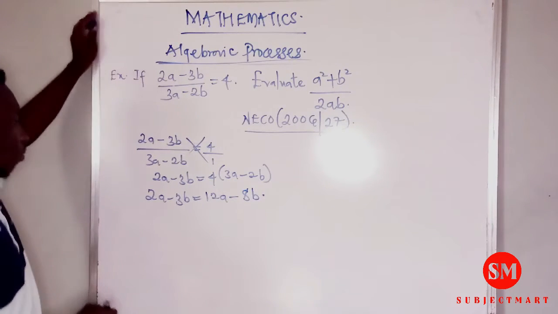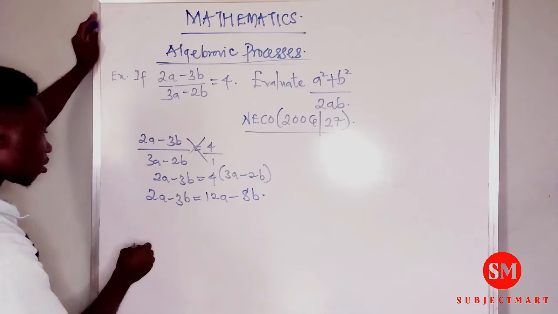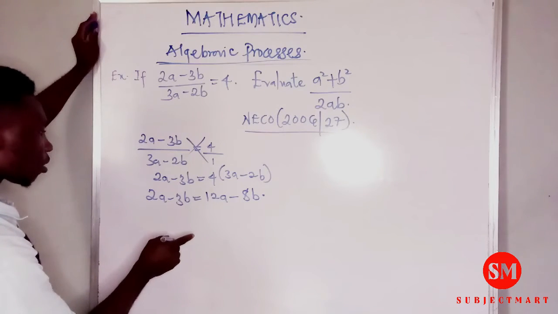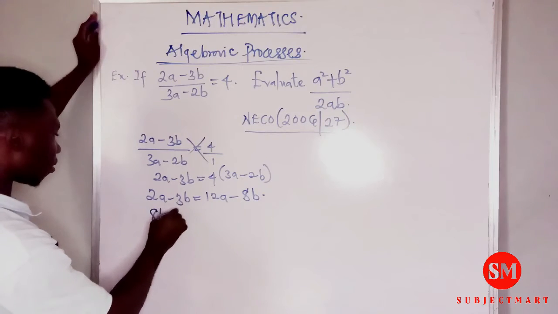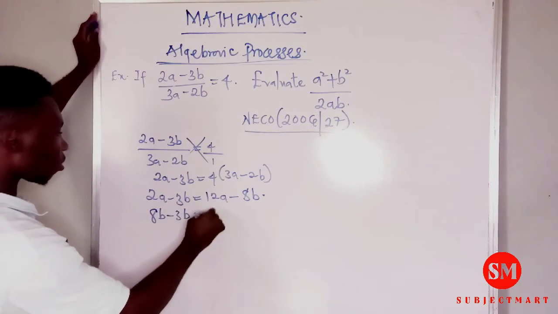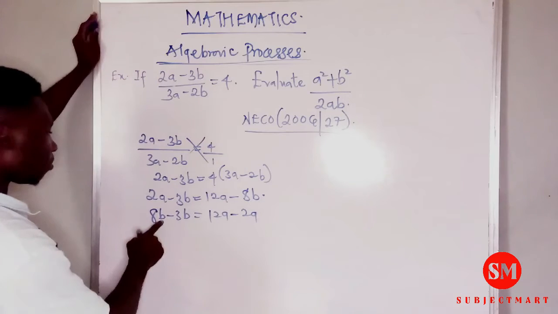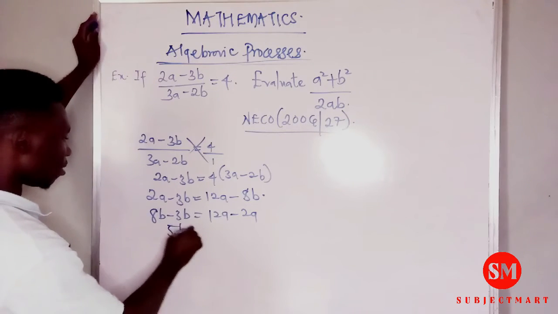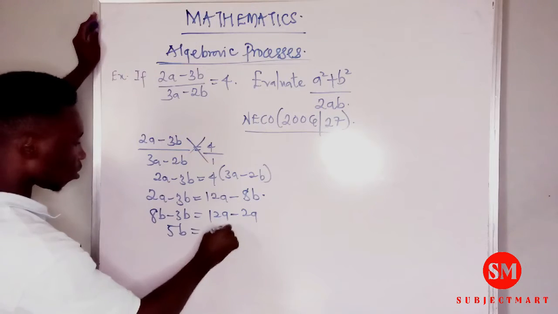So at this junction, bring all b to one side. This becomes 8b minus 3b is equal to 12a minus 2a. 8b minus 3b gives us 5b is equal to 12a minus 2a, that gives us 10a.